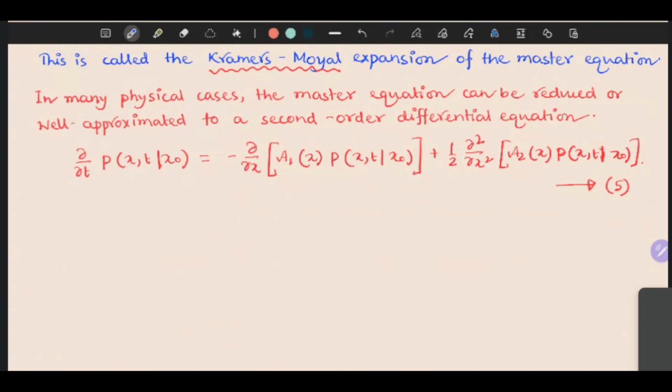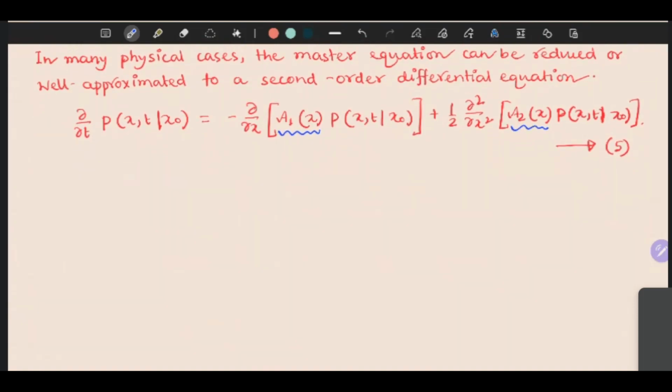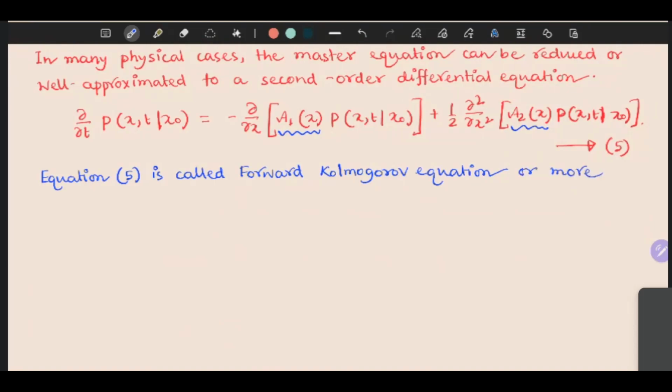These functions a1(x) and a2(x) will be defined later, and equation 5 is called the forward Kolmogorov equation, or more commonly in physics literature, the Fokker Planck equation.